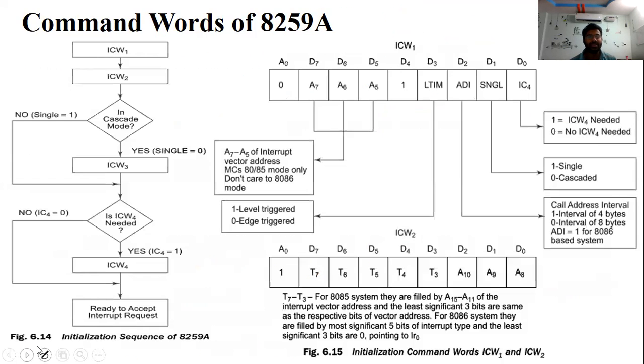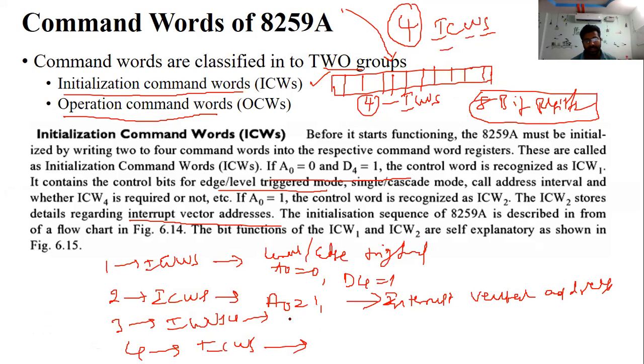You see this one by one. ICW3 is used for cascading mode. ICW4 is used for other functionalities and cascade mode.